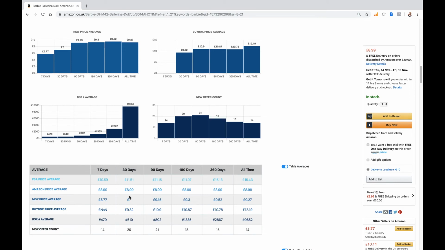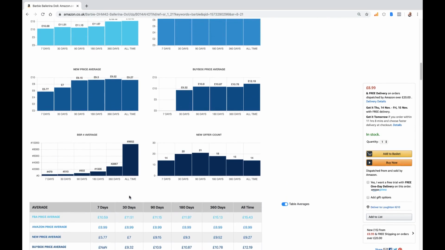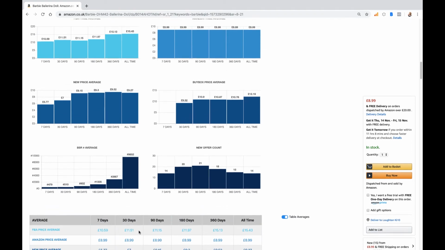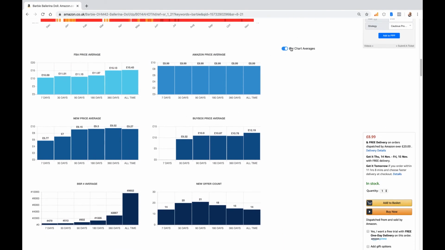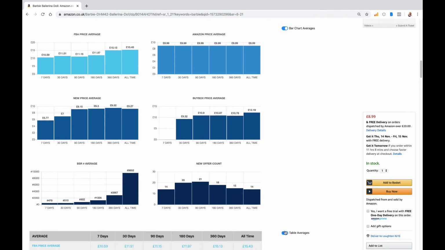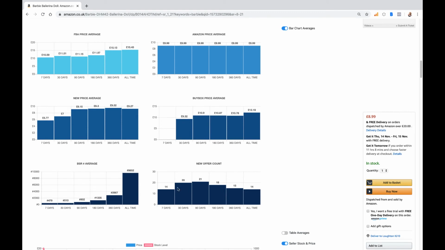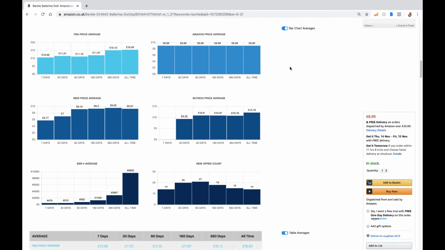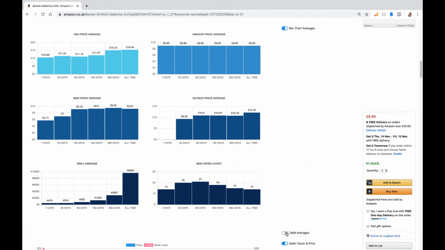So you don't have to have both of these switched on. You can choose which way you prefer to look at data. You can toggle them on and off. So if you prefer to look at this, you can just toggle this off. And if you prefer to look at this one, then you can just toggle these ones off. So you can do whichever works for you and however you like to view data.